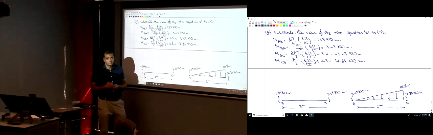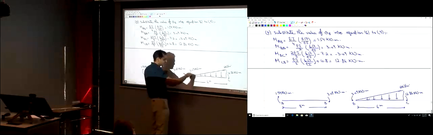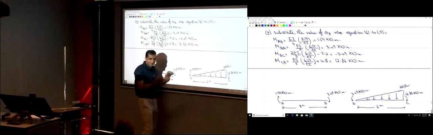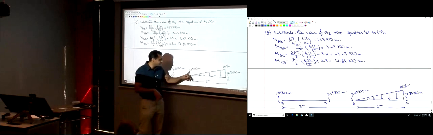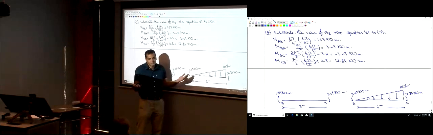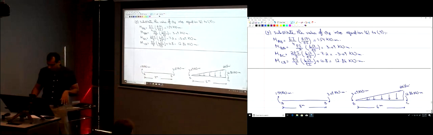I just do it because I confuse myself. If you want to write the negative, then you just put it in the positive direction. If you put negative here and you draw it in this direction, it means it's the opposite direction of what you're drawing, so it means that it's positive then. So that's going to be wrong, okay?